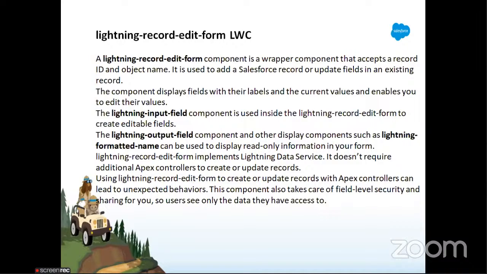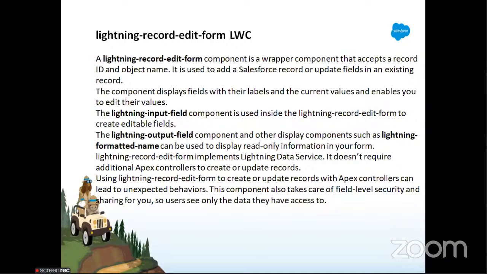And this particular component is also associated with a specific ID. That means the ID of the record. So whenever you update a field, that particular record in Salesforce is updated. The component displays fields with their label and current value, and enables you to edit their value, right? Because when you write a line of code for that component, you need to specify the ID, right?